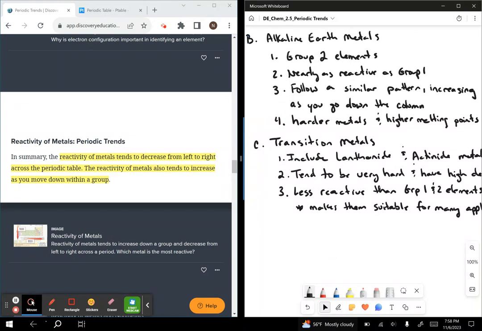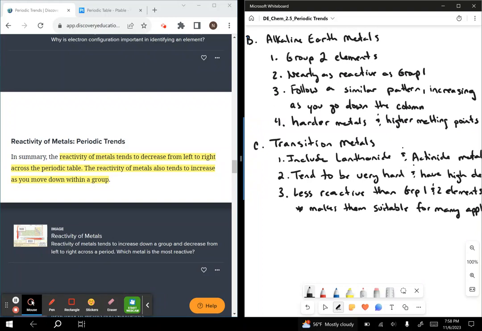All right, so let's see here. Reactivity of metals and periodic trends. What do we know? Reactivity of metals tends to decrease from left to right. I think we saw that. Group 1 was most reactive. Group 2, the alkaline earth, were a little less reactive. And if you keep going to the right, you hit the transition metals, and they're even less reactive.